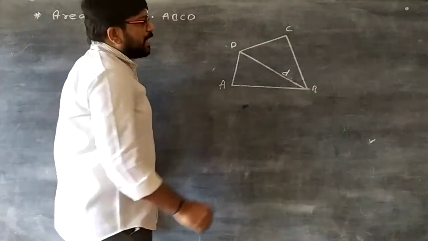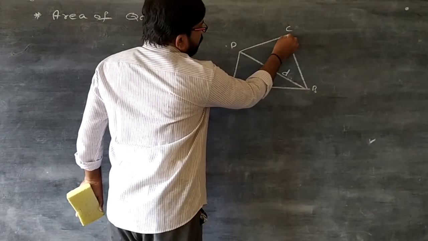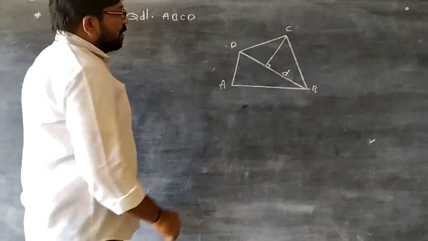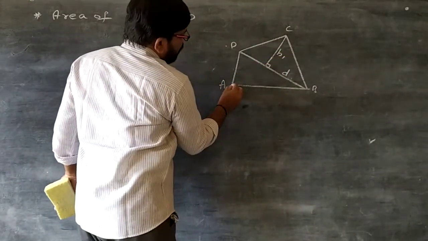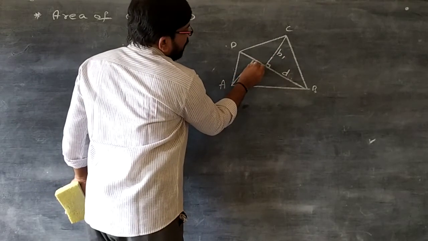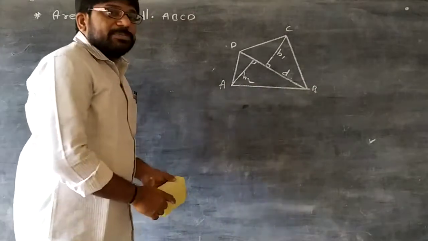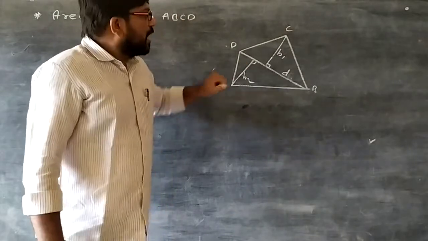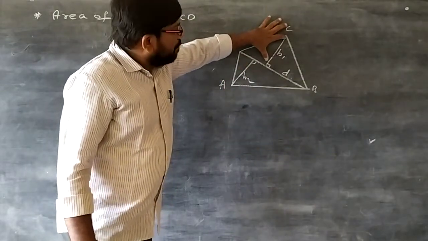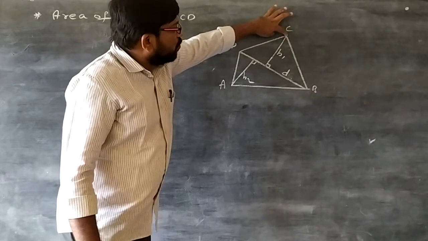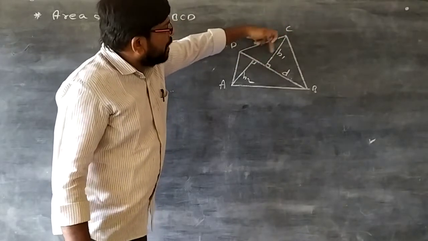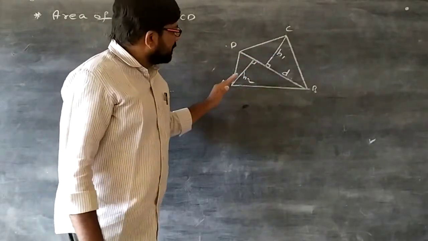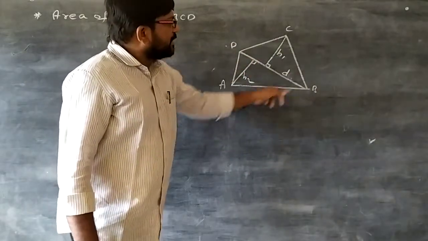And the perpendiculars from its opposite vertices to the diagonal: the first perpendicular, say H1, and the second perpendicular, say H2. So then what is its area?